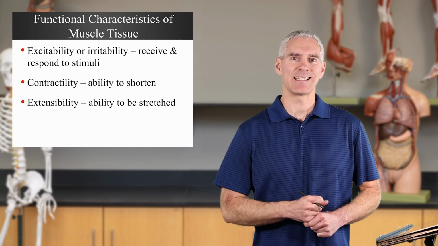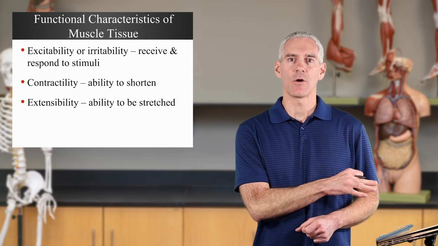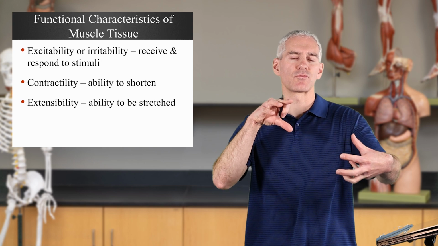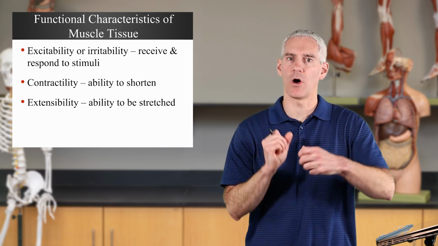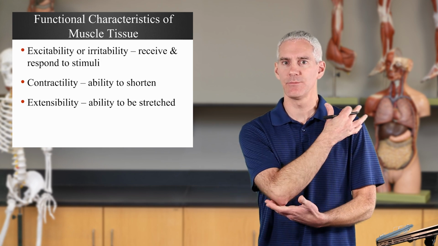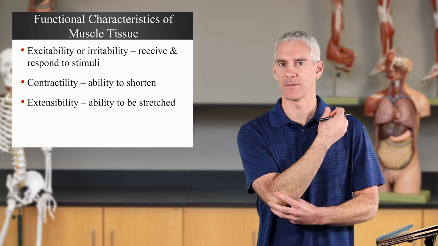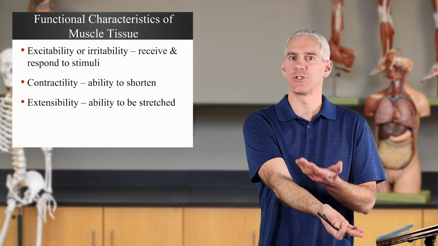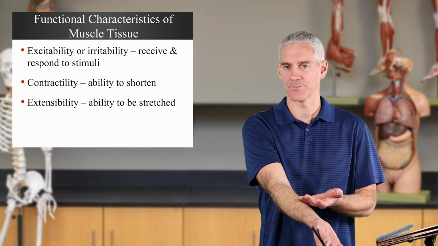The idea of extensibility. Now, these muscles, while they can contract, they can also stretch out and be pulled longer. This extensibility you can see in any joint as you move. Take the elbow, for example. As that elbow opens up, we increase the joint angle here, so extension.